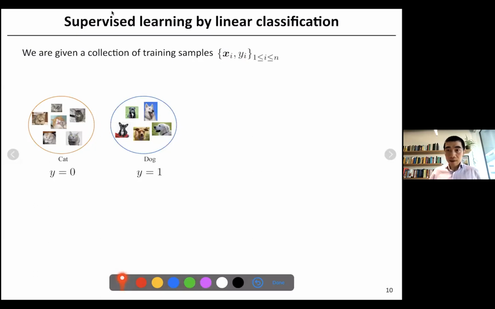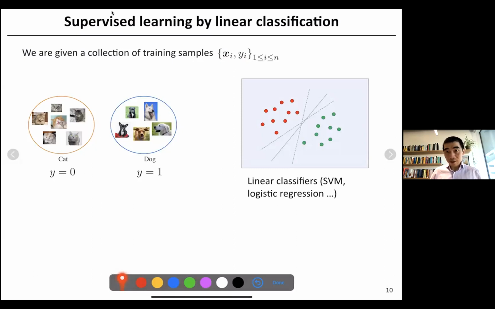Now, a simple setting is when these data points, from the two different classes, are linearly separable. So that means if you visualize all these points in the 625 dimensional space, they can be separated by a hyperplane, right? This is a simple case. So if this is the case, then we just need to learn a separating hyperplane.